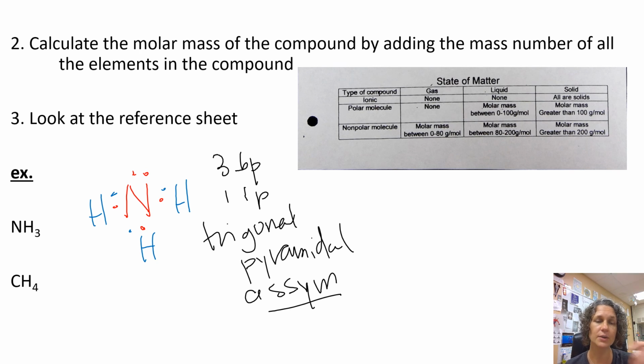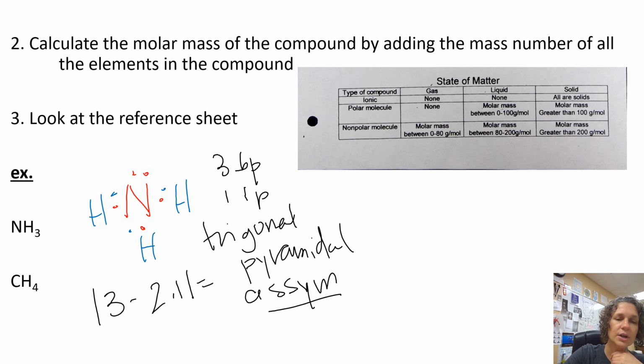Remember, the first thing you really need to figure out is the bond type. So for nitrogen, if we're doing electronegativity values, back to that first chart, you would subtract 3 for the nitrogen minus 2.1 for the hydrogen, which gives you 0.9. According to that, that is a polar covalent bond type.